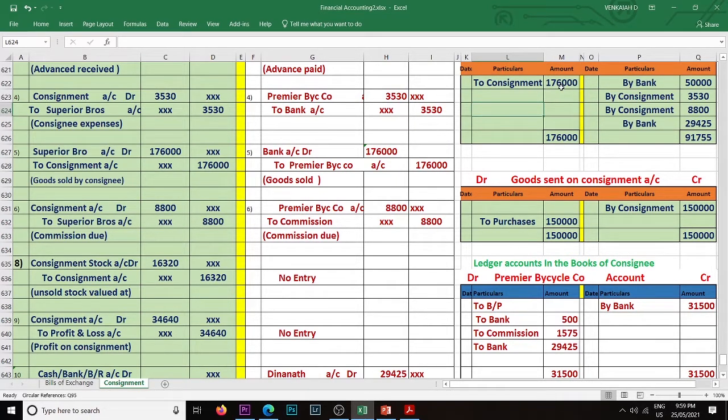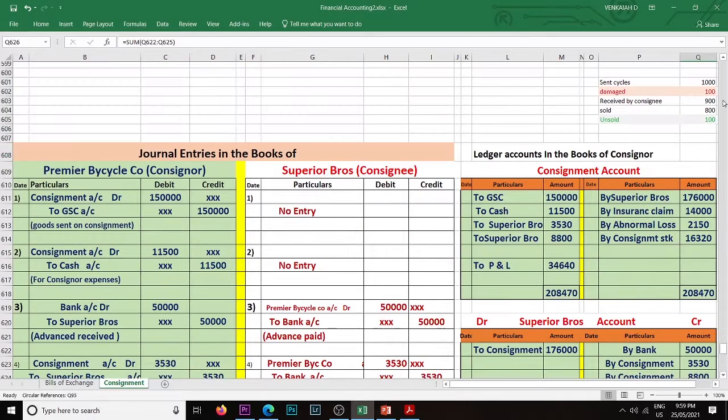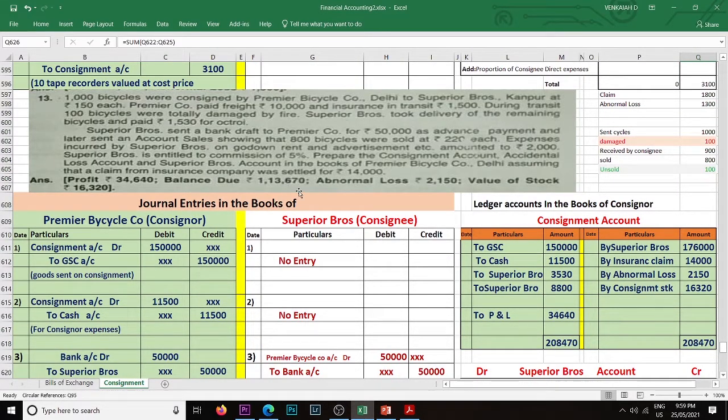So consignment, here it is 1,76,000. 66,000. 1,13,670. 1,13,670.